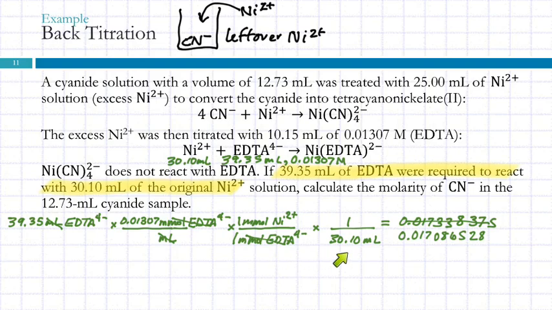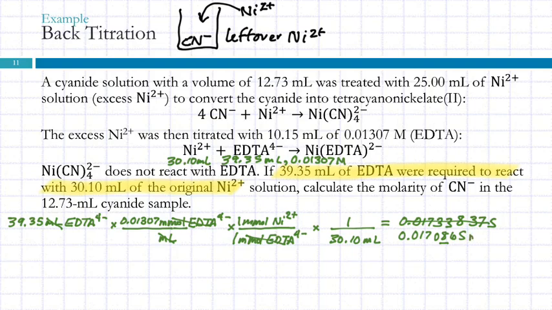Those are exact, and 4 here. So this result should have 4 significant figures. This leading 0 doesn't count. So the 1708, that's my last significant figure. And if I'm writing this down to use it, I'm going to keep the 6 and the 5. I don't need to go any further than that.